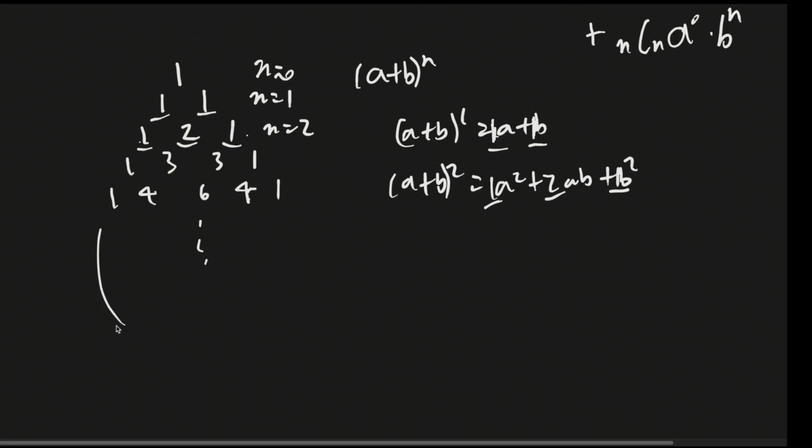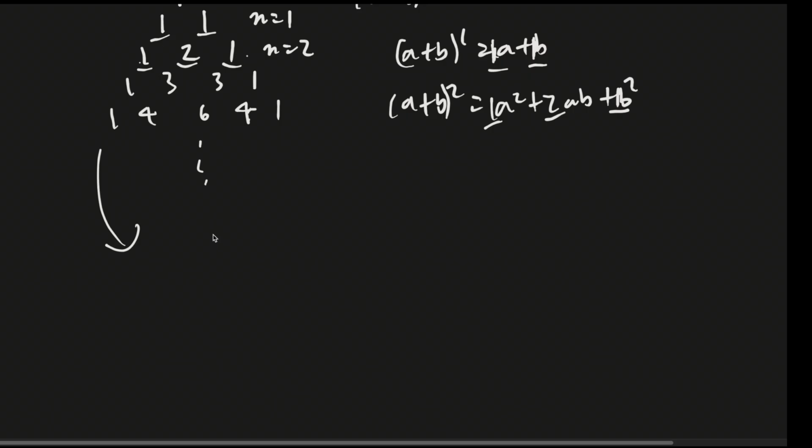Also, we could represent the same triangle in a different way. We get 0C0, 1C0, 1C1, 2C0, 2C1, 2C2, and so on. You'll recognize that the numbers are just the same triangle in a different form.